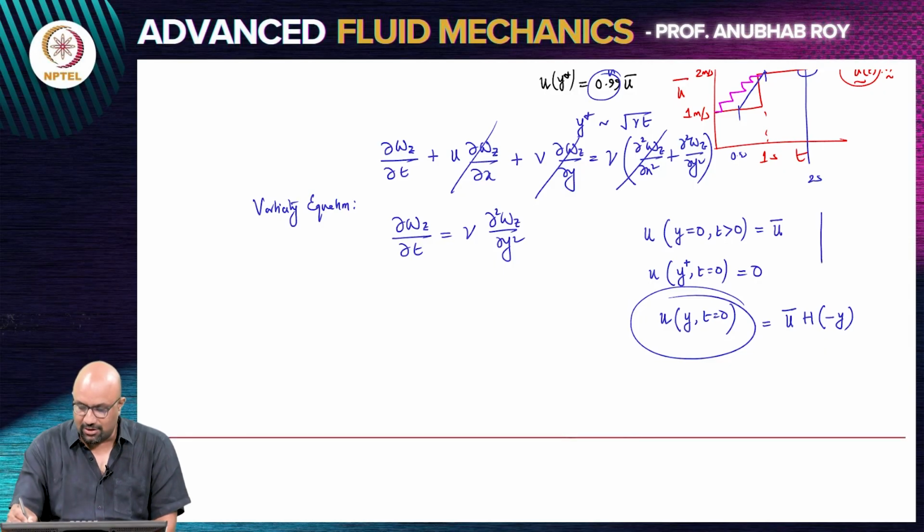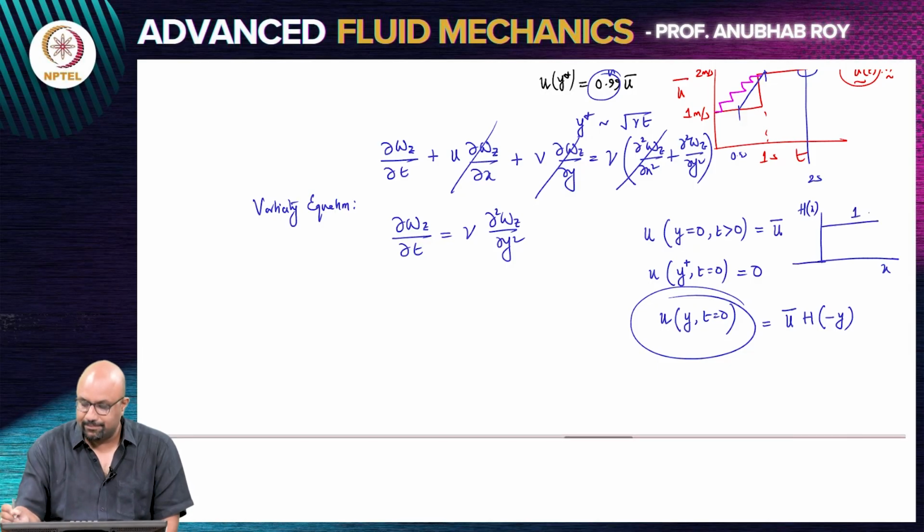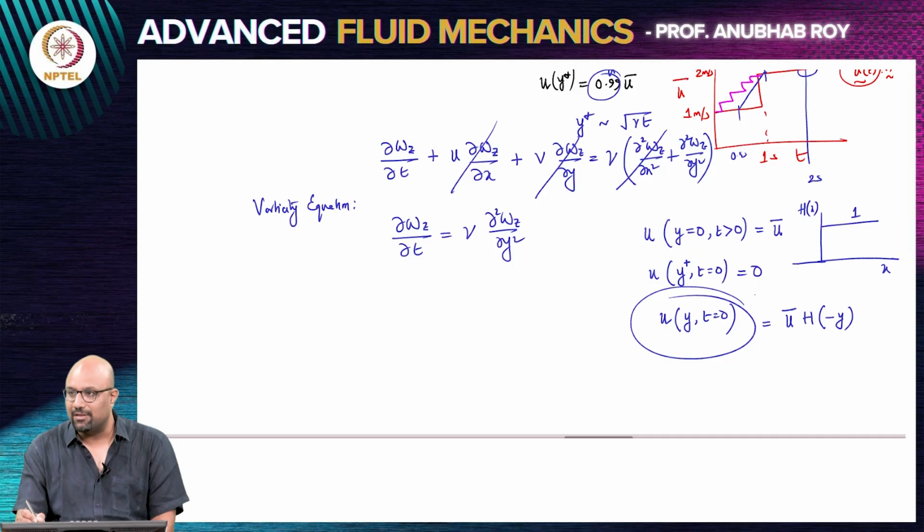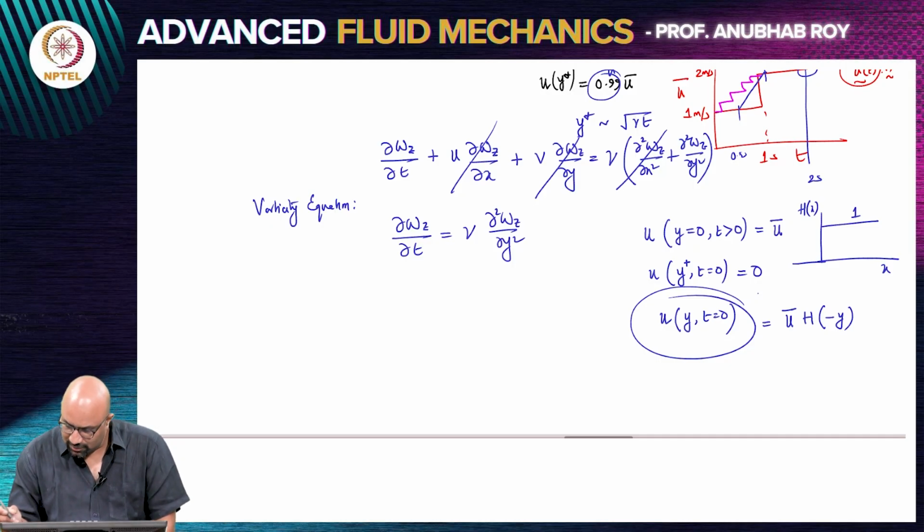So a Heaviside function H of x will pick a value that is positive if x is positive. If x is negative, it will be 0. So it's a step function. I just have a step function here. So here, okay, this I've given as minus y, right? So this should just be H of y.